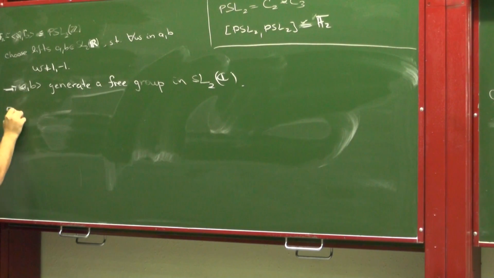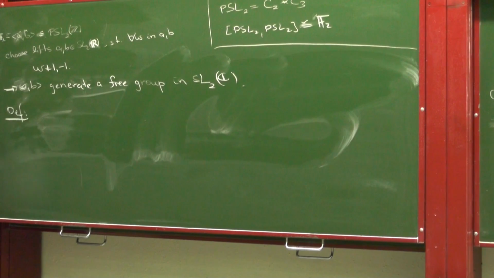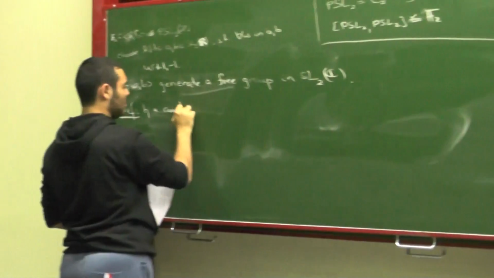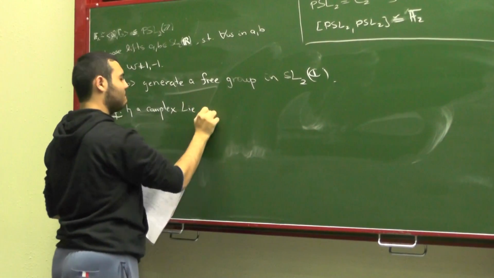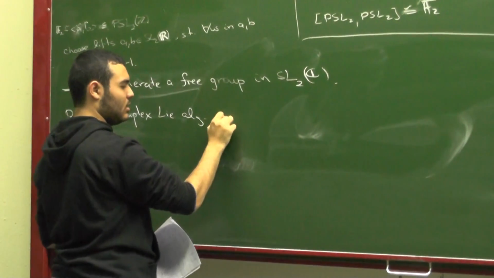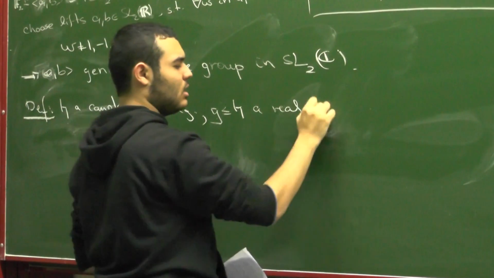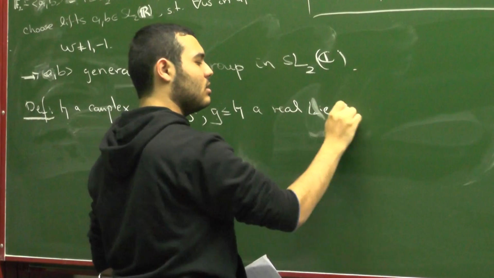We make the following definition. H is a complex Lie algebra and G inside H is a real Lie algebra.